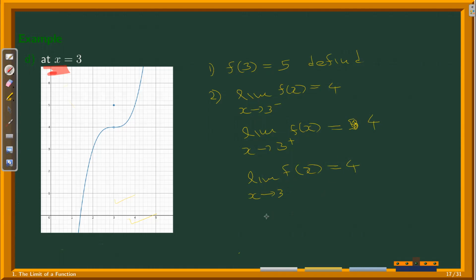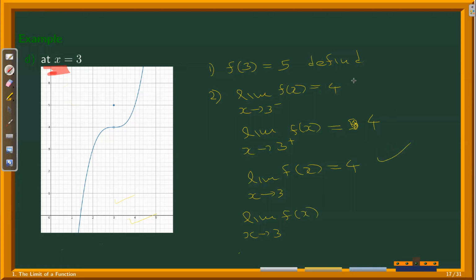4. Then I say the limit as x approaches 3, x is different. This second condition is also correct.